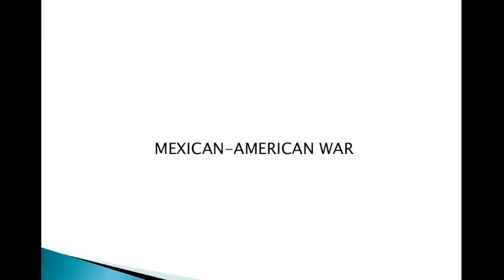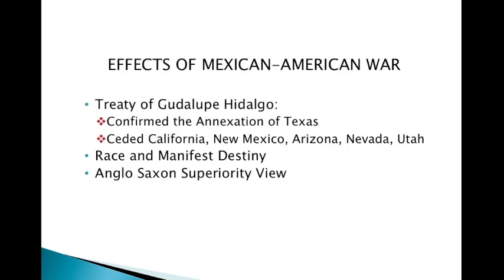So the Mexican-American War was fought on three fronts. It was fought in California, it was fought in Santa Fe, and it was fought in central Mexico. The effects of the Mexican-American War include the Treaty of Guadalupe Hidalgo, the effects of race as it relates to manifest destiny, and the view of Anglo-Saxon superiority.